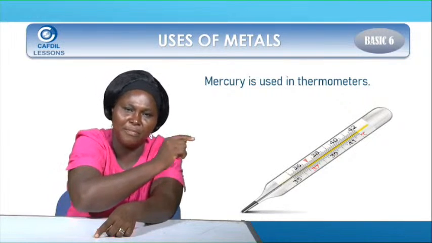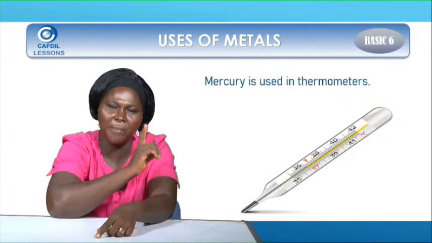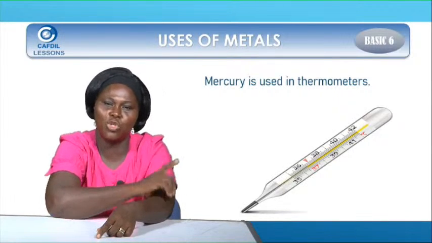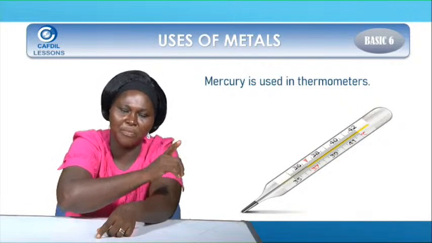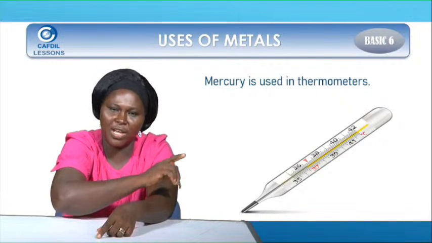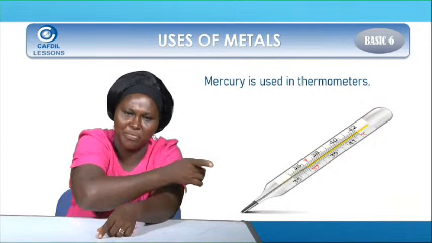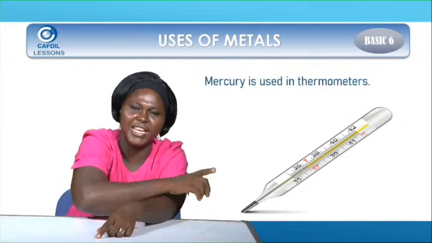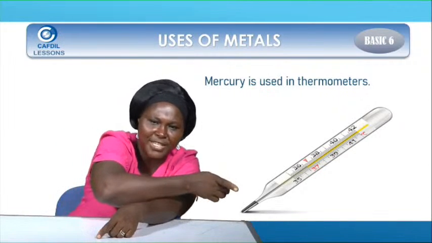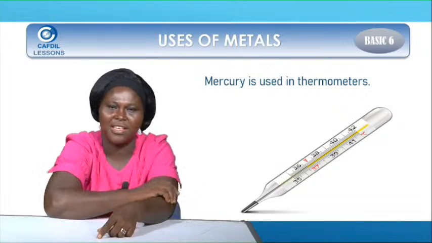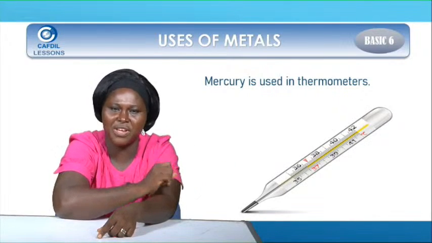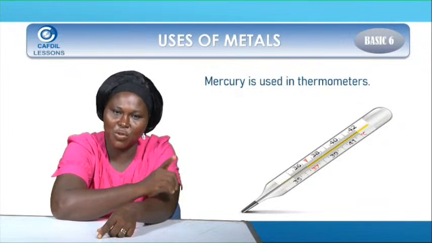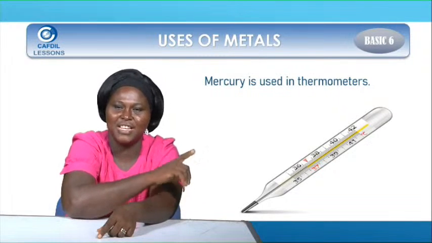Because of the mercury in it, when your temperature is high, the mercury will expand to show how your temperature reads. That is why we use mercury in thermometers. Mercury is a metal and it is liquid.